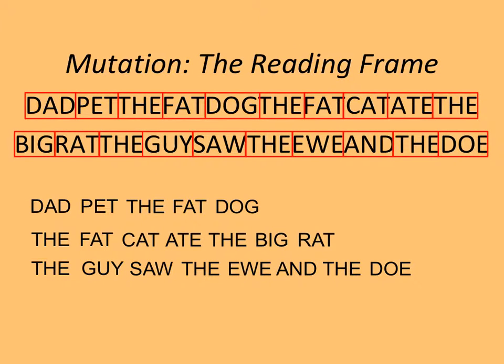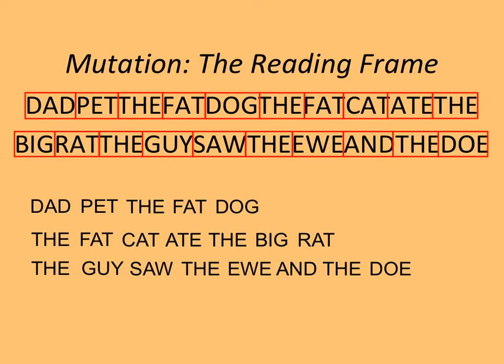Oh, too bad. Okay. So first I want to talk about the reading frame. It turns out, if you look at each one of these, now those are not nucleotides in DNA. We have C and G and A and T, okay?